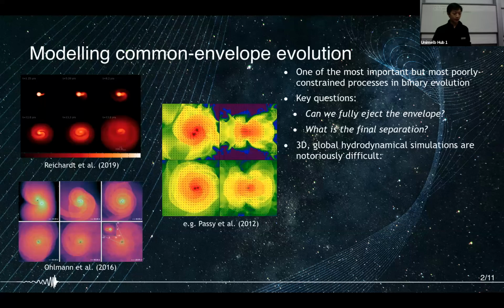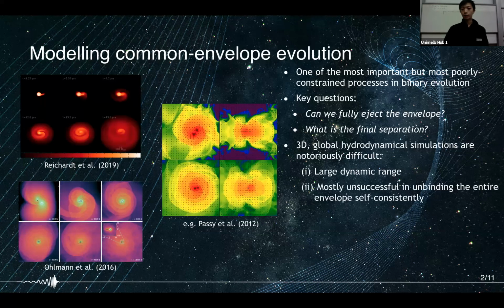However, these 3D simulations are notoriously difficult for several reasons. First of all, there's a very large dynamical range involved. You have to simultaneously resolve the very dense stellar core of the donor and also the initially wide orbit of the companion around the donor star. And where performed, these simulations have largely been unsuccessful in unbinding the entire envelope self-consistently.